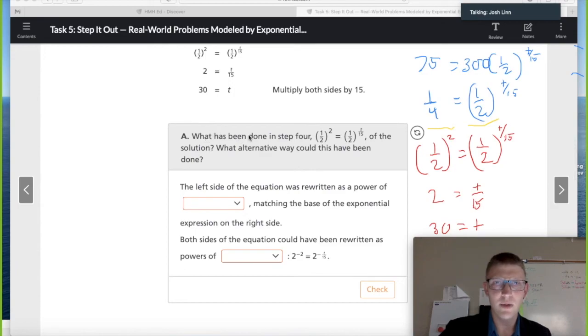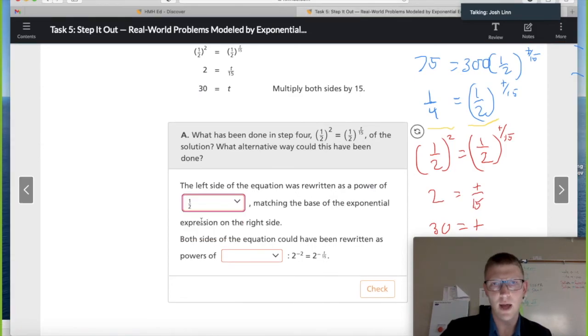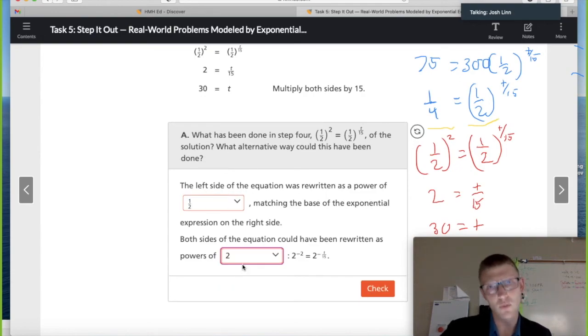So what has been done in step 4 of the solution? What alternative way could this have been done? The left side of the equation was rewritten as a power of 1/2, matching the base of the exponential on the other side. Or both sides of the equation could have been rewritten as powers of 2, and then use negative exponents.